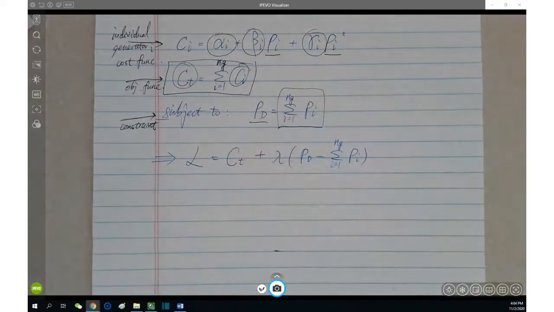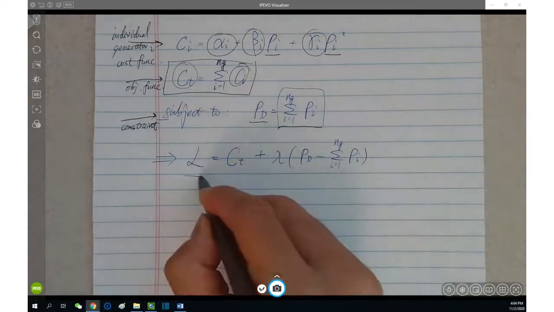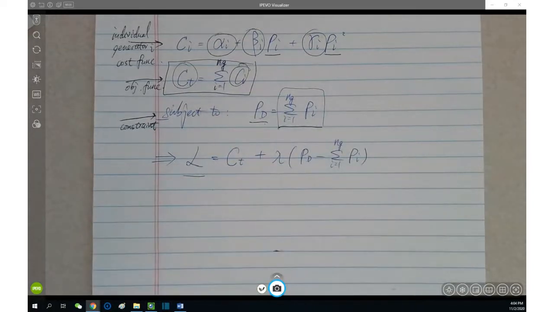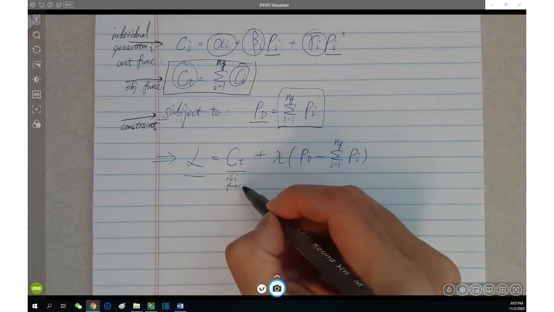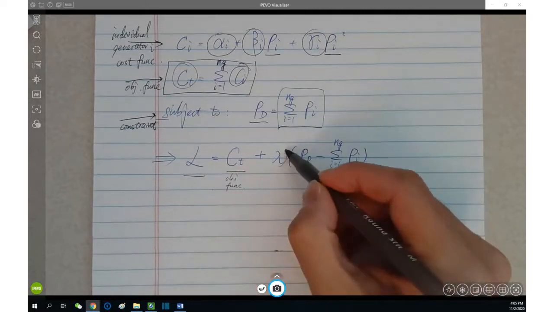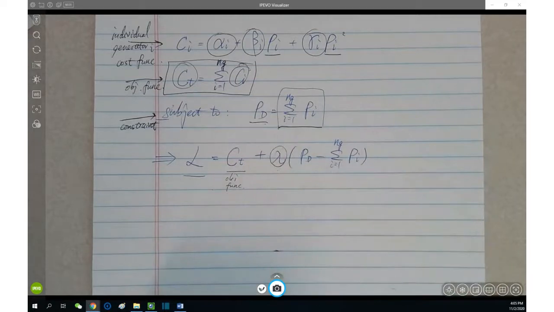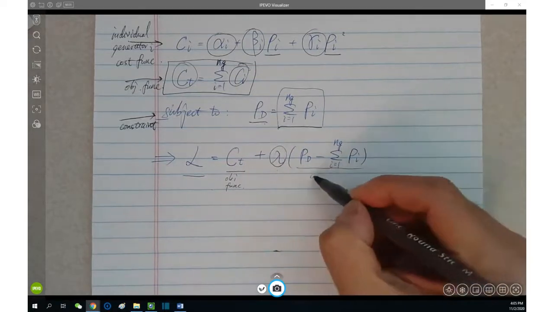This is the constraint function. And combining these together, we establish our Lagrange multiplier, which is equal to the objective function plus an introduced unknown constant lambda times the constraint function.